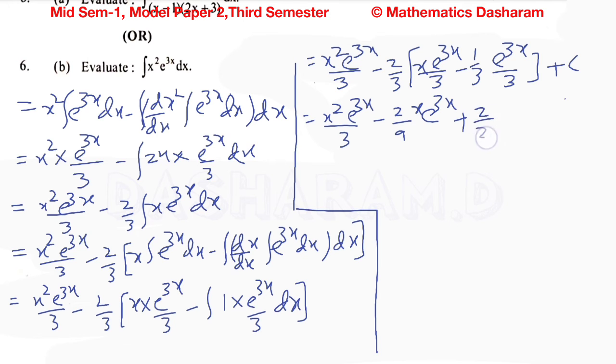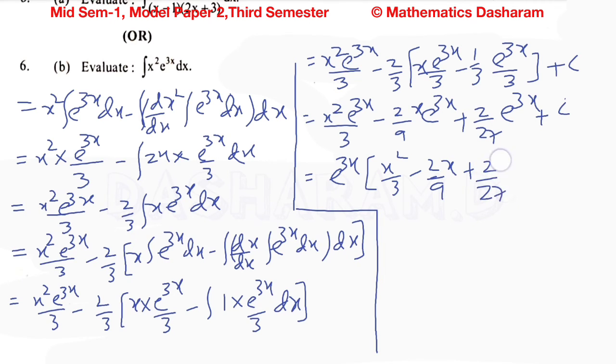So plus 2 by 27 into e power 3x plus c. Now we can take e power 3x common: x square by 3 minus 2 by 9 into x plus 2 by 27, plus c is our required answer. And you can do this problem by using Bernoulli's rule also.